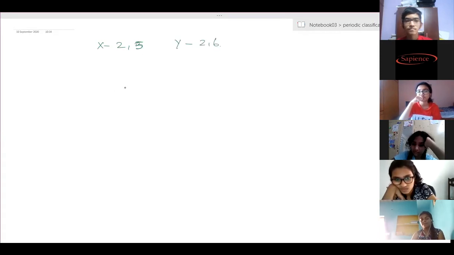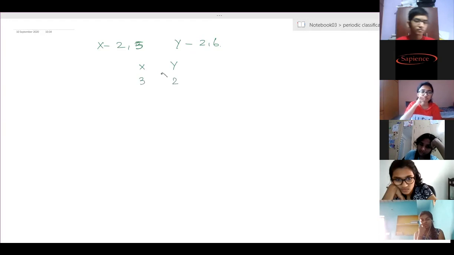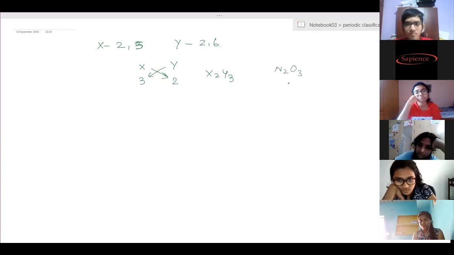Now write the type of compound formed. According to the rule, X's valency is 3 and Y's valency is 2, so the answer is X2Y3. But is there any N2O3 compound? It's not there. So it is actually XY2 or XY or X2Y.